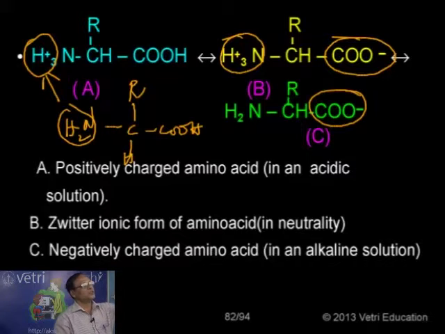When placed in a solution of neutrality, it possesses both positive and negative charges. Such forms are called Zwitter ions, or Zwitter ionic amino acids, possessing both positive and negative charges. So this is the change in structure of the amino acids when placed in solutions having different pHs.